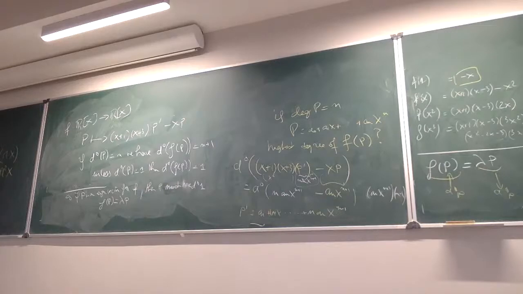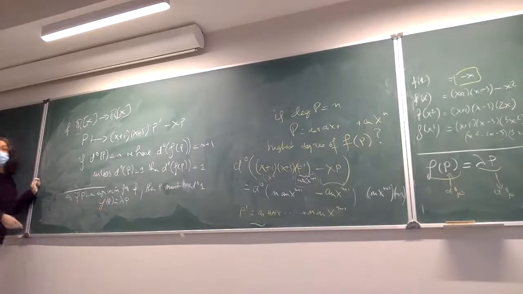Okay, so now we know that if we've got an eigenvector, it must be a polynomial of degree 1. So now let's look for it. Can we find a polynomial of degree 1 that is going to satisfy this? What do we want to solve?